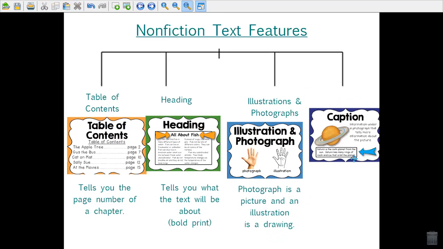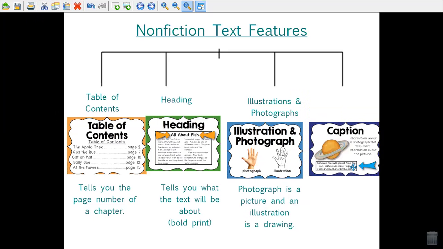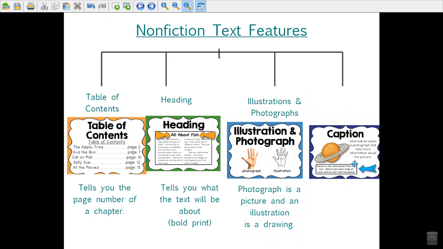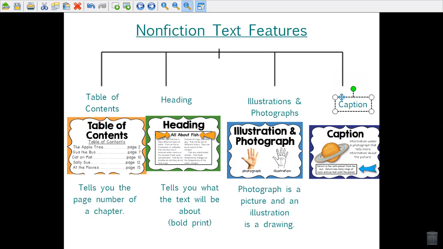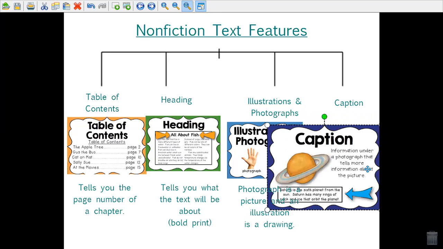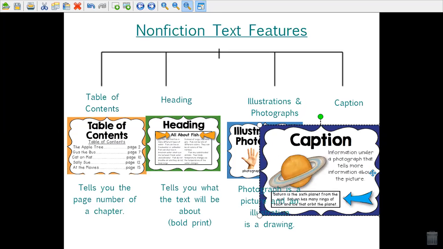Our last one for this tree map is the word caption. And a caption we use a lot in class also. And I put it next to illustration and photograph because they go hand in hand, they go together. So a caption is the information underneath a photograph that tells more about the picture. So like here's a picture.